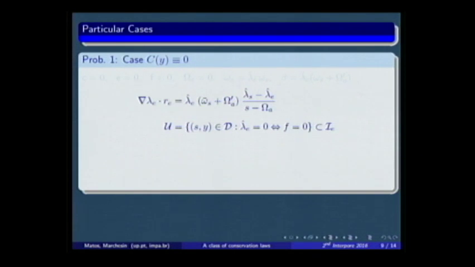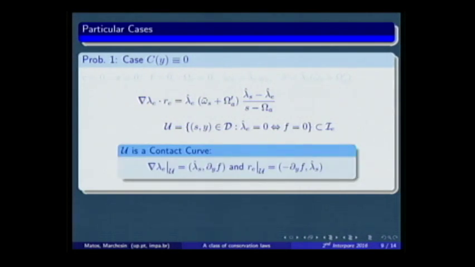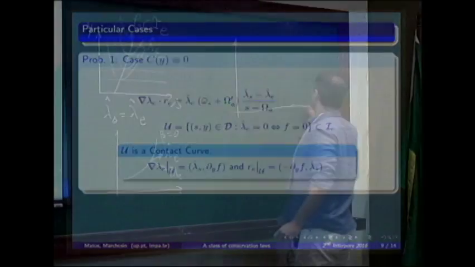Well, this vanishes exactly when this is 0, and this is equivalent to asking f equals 0. So the inflection now has three branches. One of them is the coincidence.